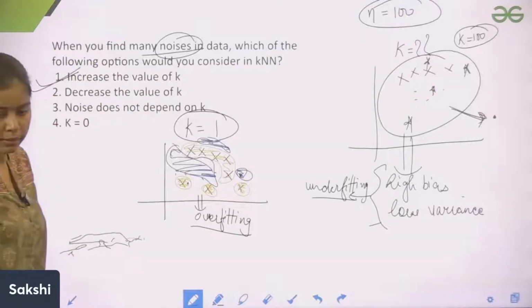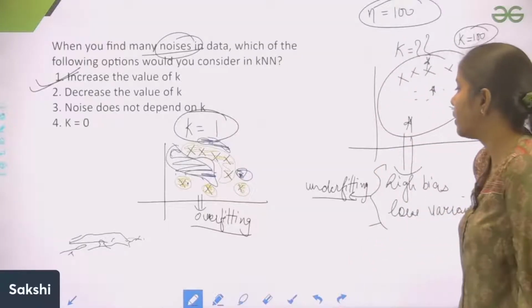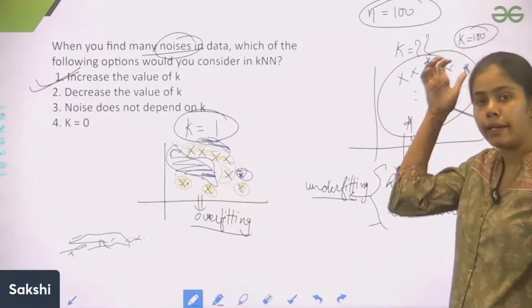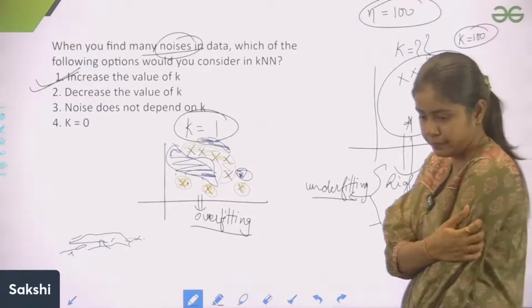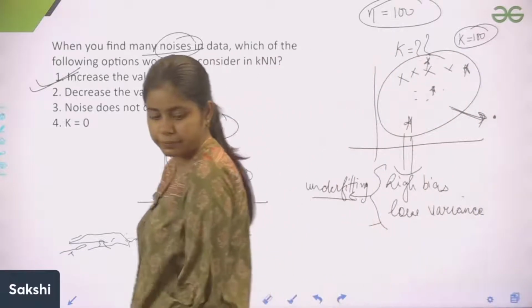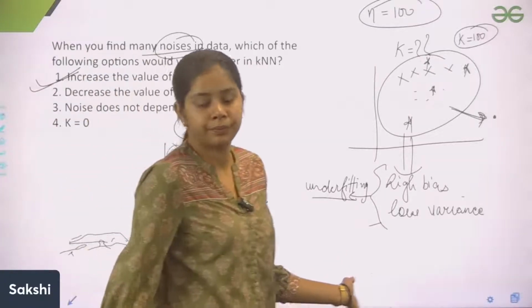ऑप्शन फर्स्ट इज करेक्ट। अब ये वाली चीज बताओ गाइस कि किसी को कंफ्यूजन है क्या? अगर नॉइज ज्यादा है डेटा सेट में तो मुझे k की वैल्यू इंक्रीज क्यों करनी है? किसी को कंफ्यूजन इस चीज में?